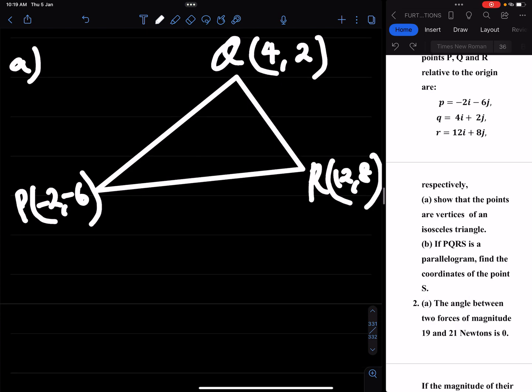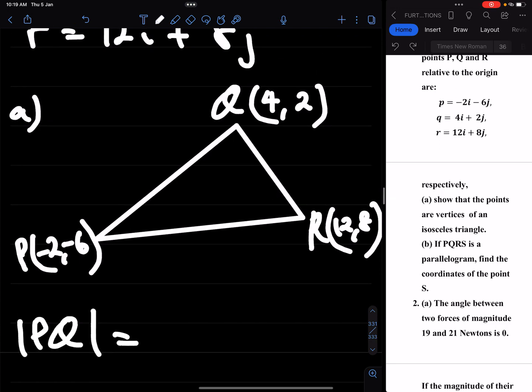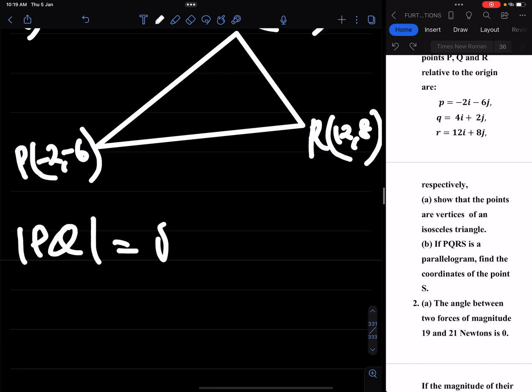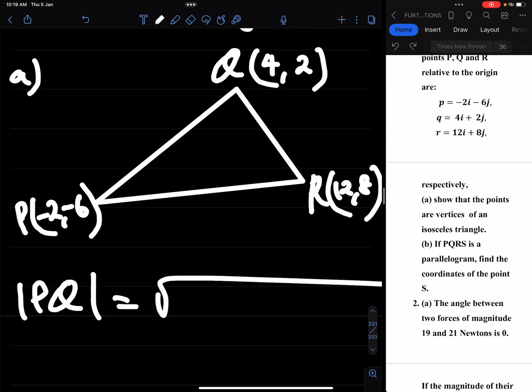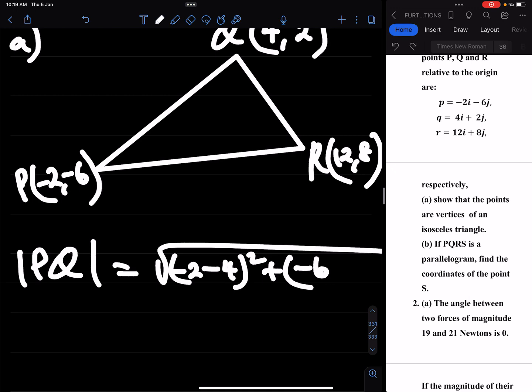Now let me find distance PQ. What is the length PQ? Length PQ is going to be the square root of minus 2 minus 4 squared plus minus 6 minus 2 squared.